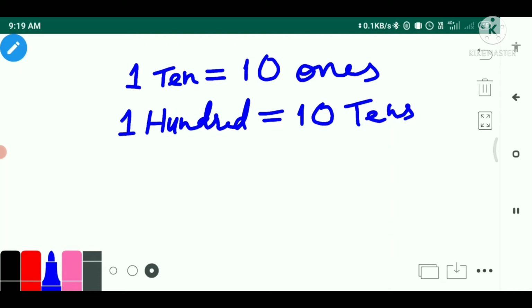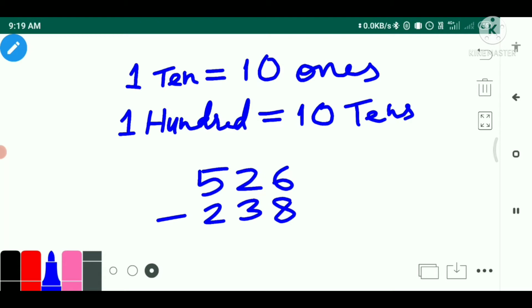Okay, so suppose we need to subtract another number like 526 and 238. So we need to subtract these two numbers.